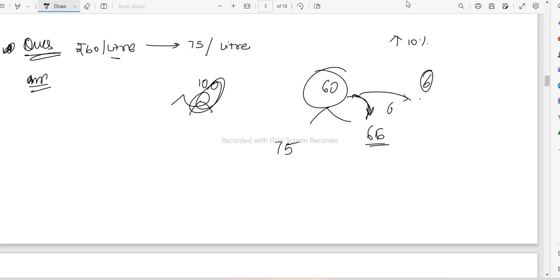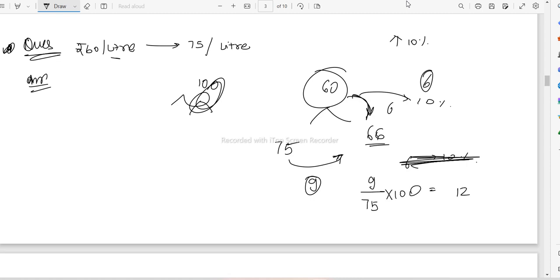But they said that increase is by 10%. So the value of 6 is equal to 10%. No, no, one second. If you see the increase here, the increase here is of 9, so you know that 9 was there and earlier it was 75 into 100, so how much percentage has increased? It has been increased by 12%. This will be your answer.